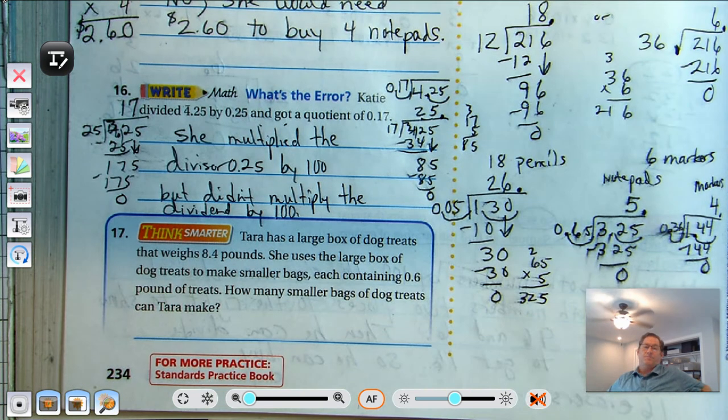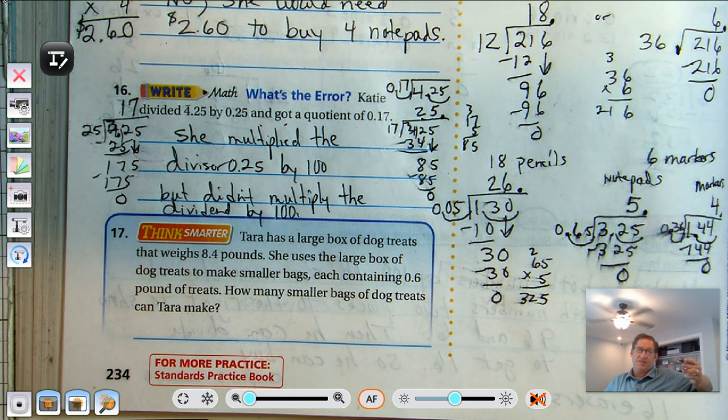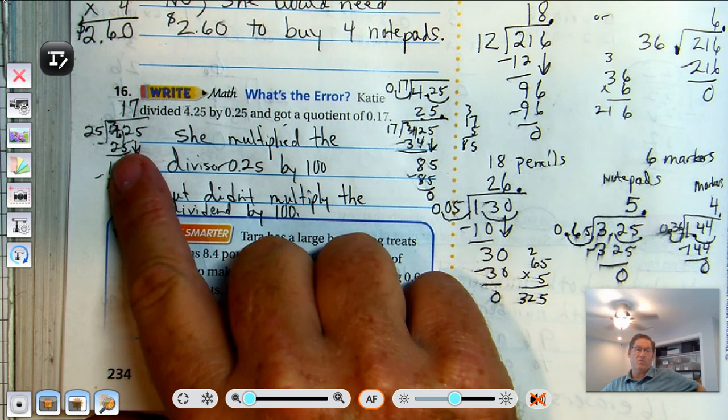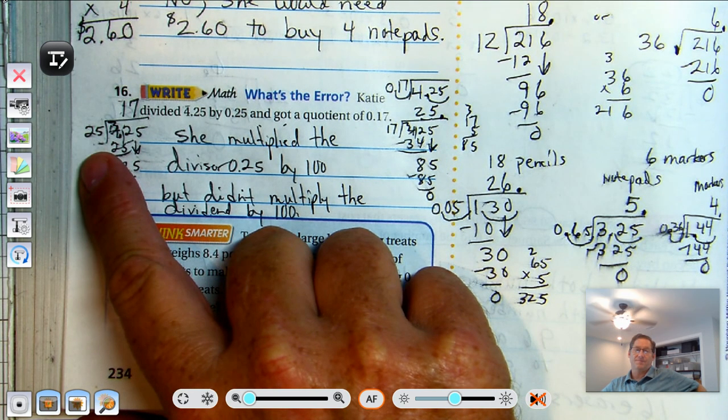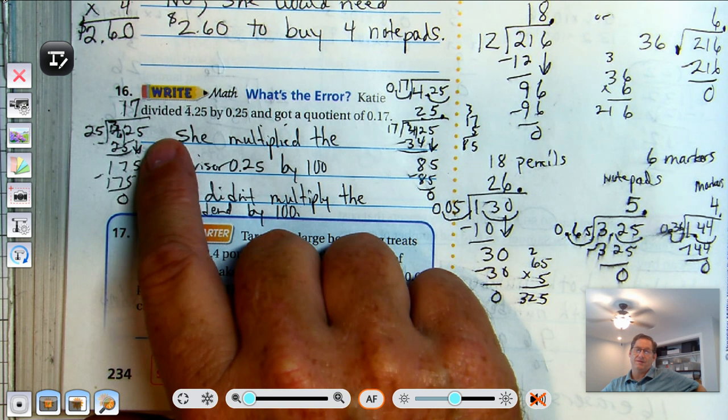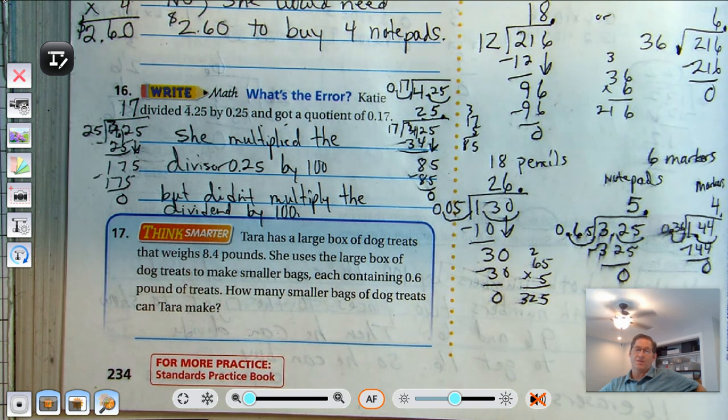Okay. Because she didn't multiply the dividend by 100, she was dividing 4 and 25 hundredths by 25 instead of 425 by 25.